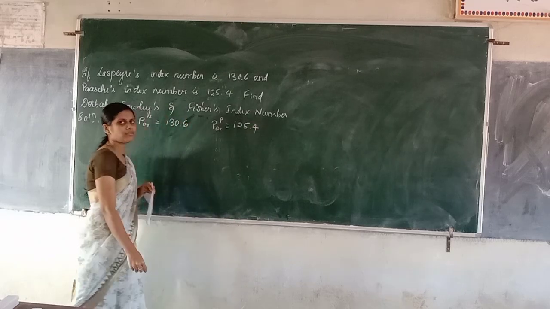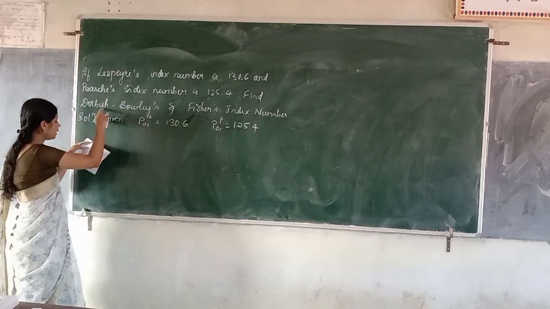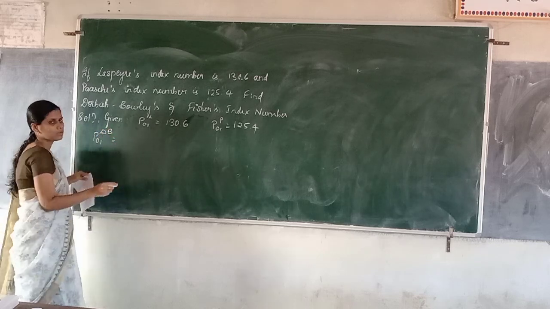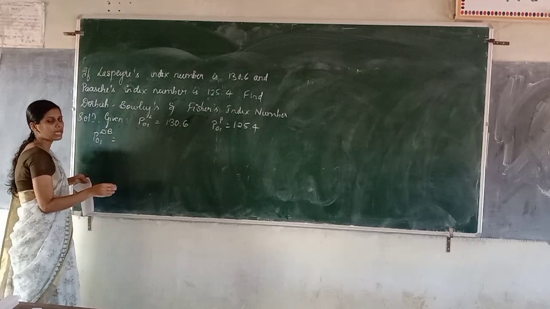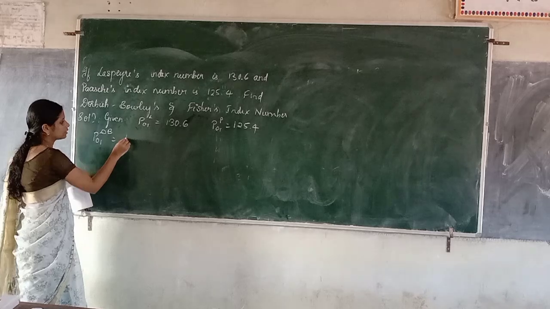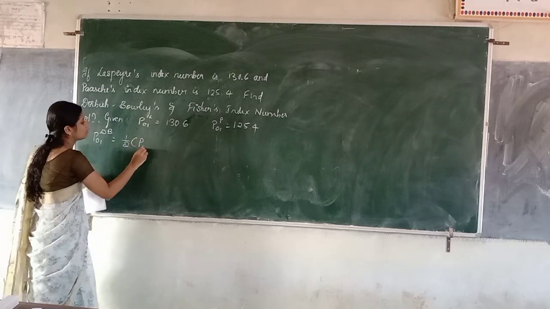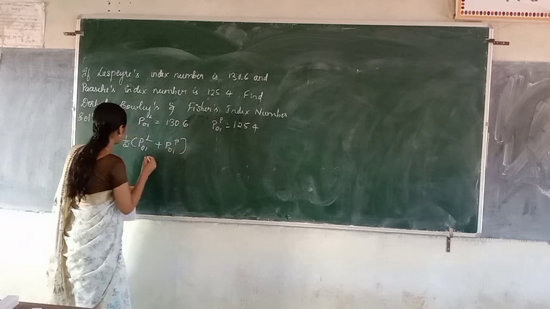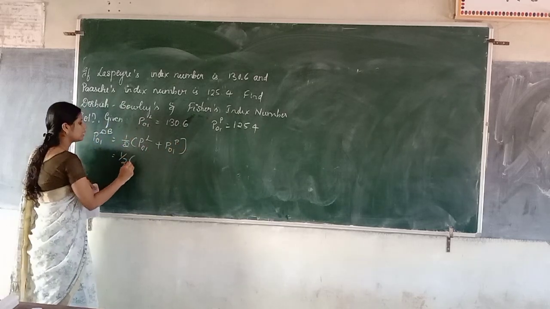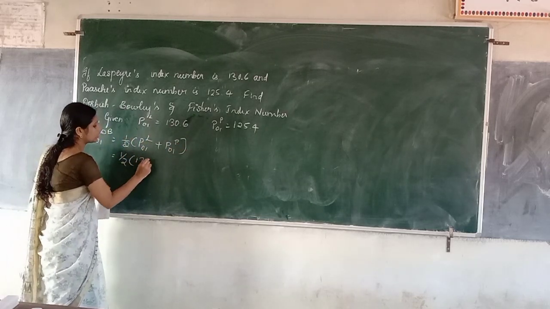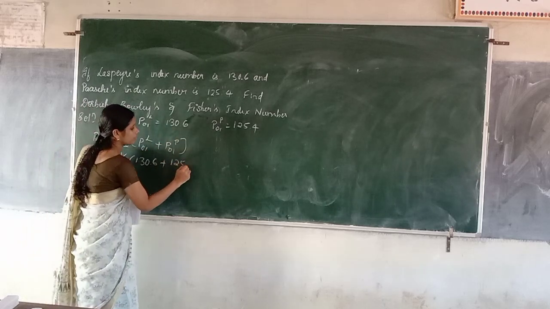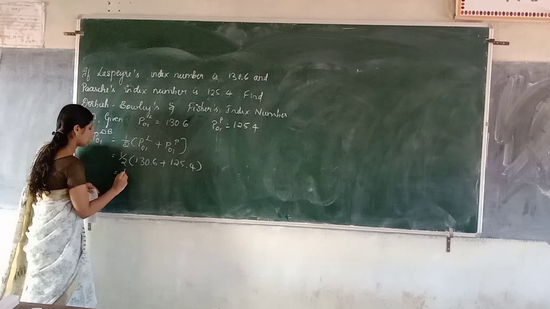So from this information, we will calculate Dorbish-Bowley price index number, which is the arithmetic mean of last year's and past year's price index number, that is half of last year's index number plus past year's index number, that is half of 130.6 plus 125.4.